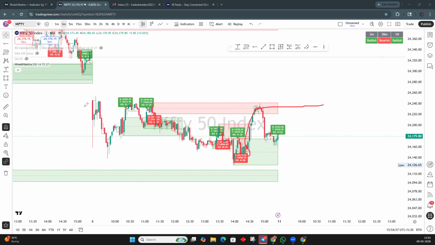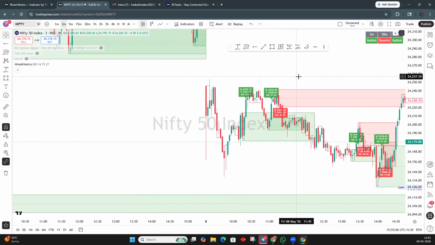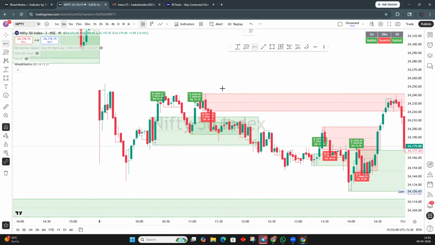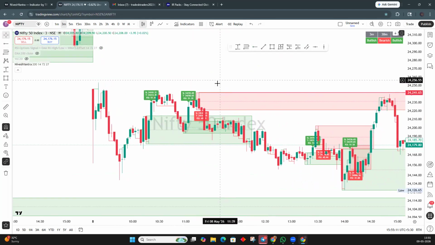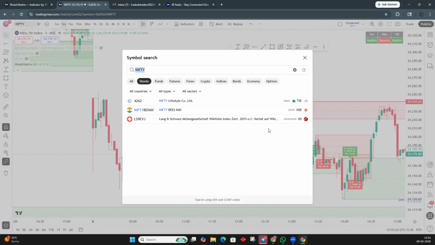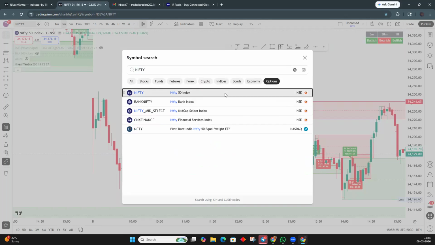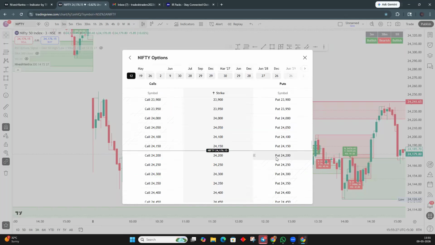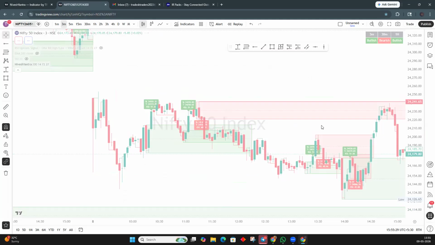Also, if you follow the same setup in the options chart, suppose here we have got the bearish candle. So what you have to do is take the strike price which has the stop loss near. If you see, the stop loss here of the red is 24,240, then you can try for the 24,300 put option. So the put option you have to take is of 300.